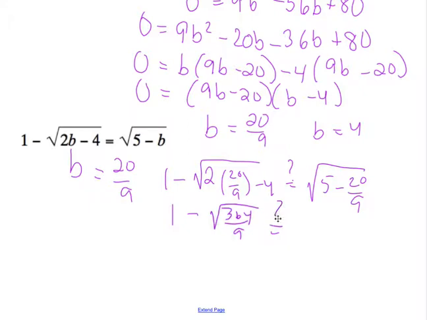The question is, is that the same as 5 minus 20 divided by 9, and that is 25 over 9. Notice how these are perfect squares, thank goodness. And then I find, let's see, my left is 1 minus the square root of 364 divided by 9. Let's see what that is.